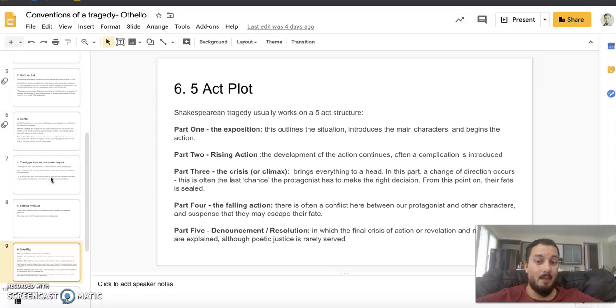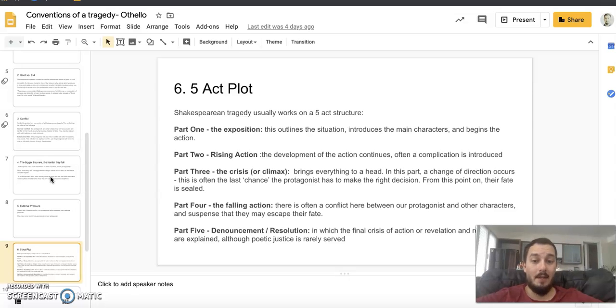So this leads us to part 4, the falling action. This is when there is a lot of conflict, because our protagonist is often in external physical conflict with other characters, because they still want to escape their fate. At this point, they still think they can escape their fate despite the bad decisions they've made.